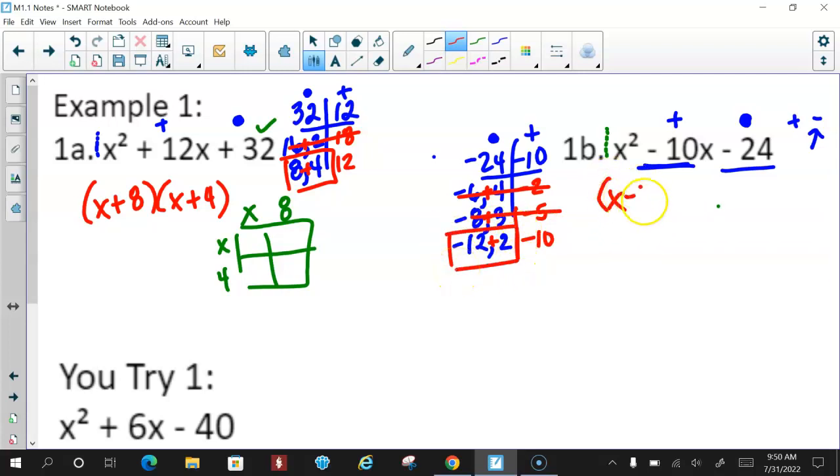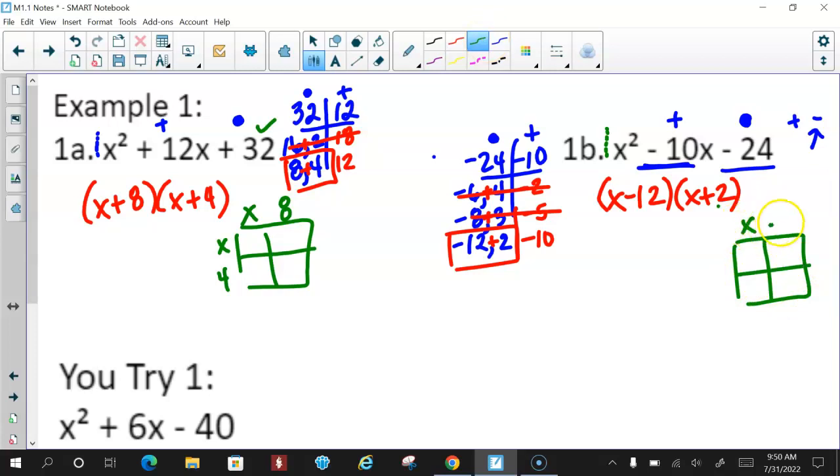So again, x minus 12 and x plus 2. That is our factors. Now again, how can you check your work? Multiply them out, right? Set up that box method. So x, negative 12 and x, positive 2. So for this one, I'll go ahead and check it, right? Because really the mistakes happen when we have our negatives here.